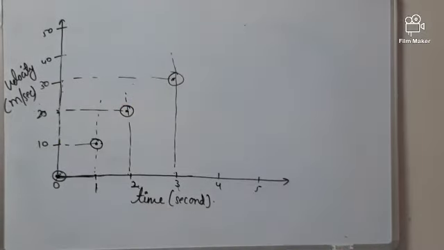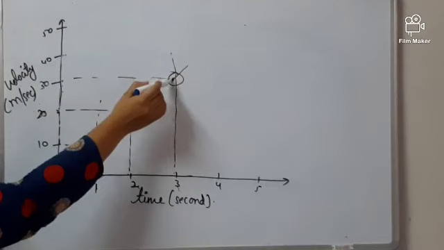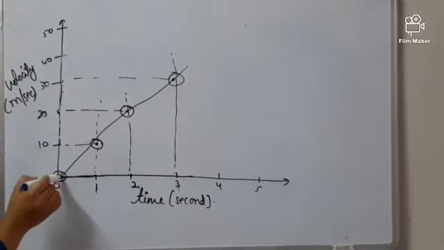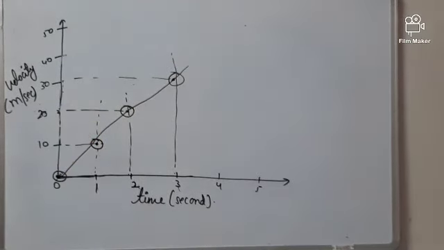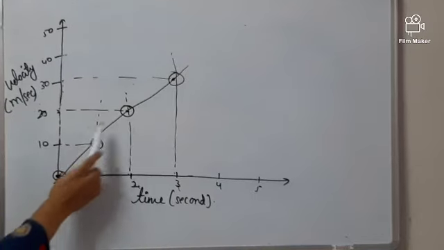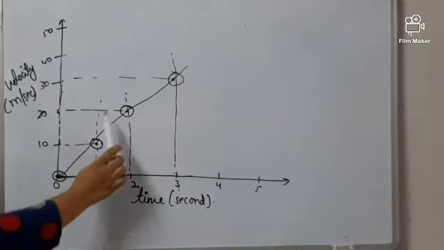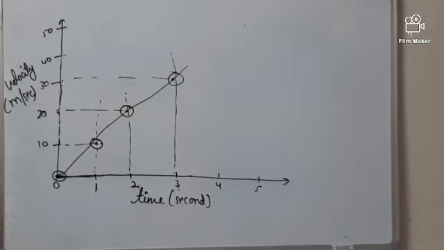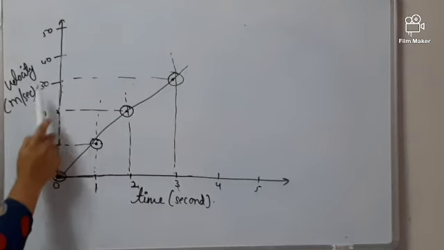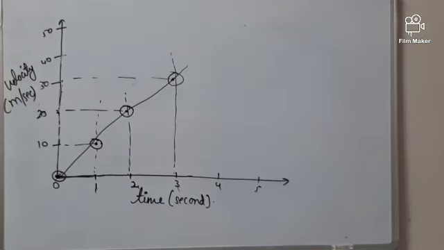When you join all these points, you get a straight line. This straight line shows that velocity is changing. See, it is increasing, and with equal intervals. Equal change in time, equal change in velocity. So this is uniform acceleration.